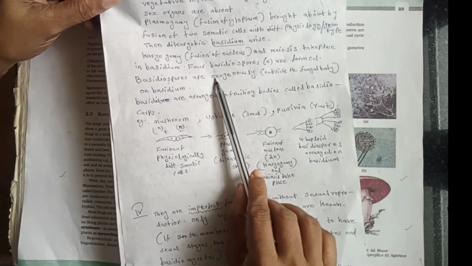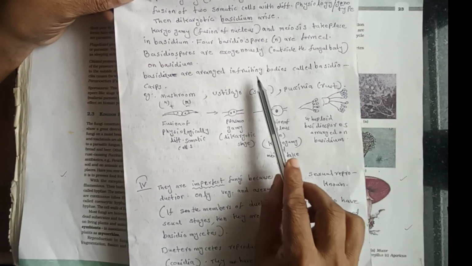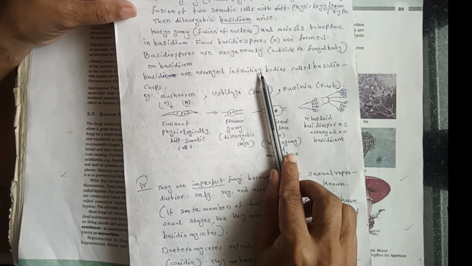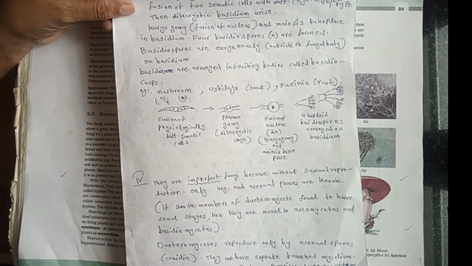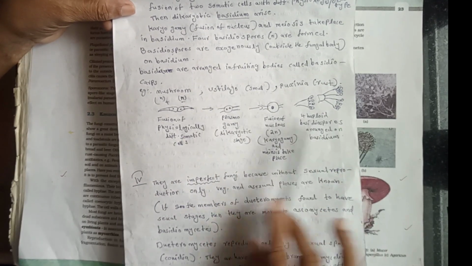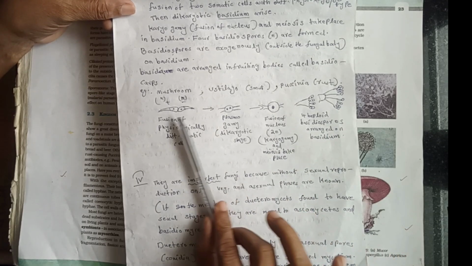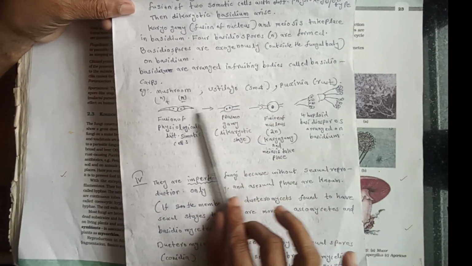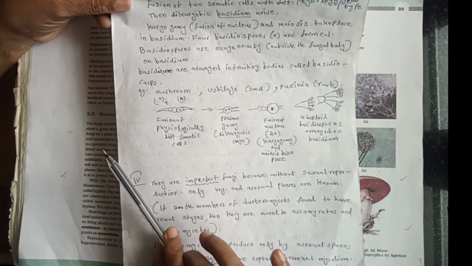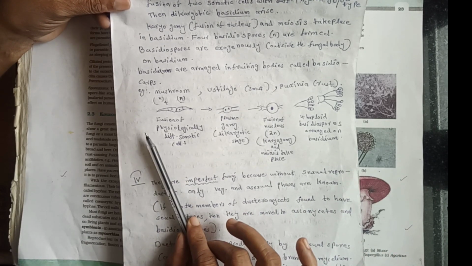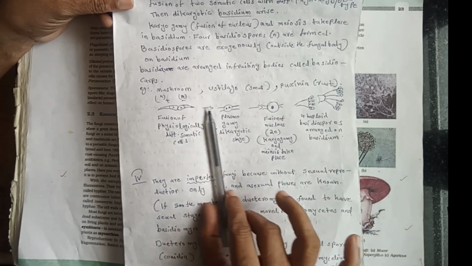This is like the case of Rhizopus, but we can notice some differences. This is the pictorial explanation of sexual reproduction in basidiomycetes. That is not a true sexual reproduction.